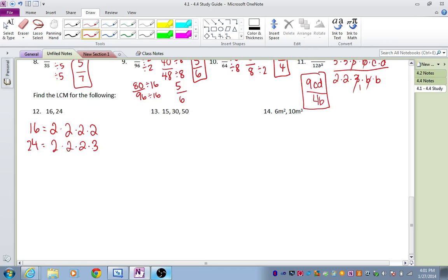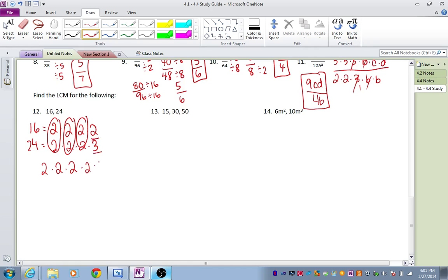Now, just like GCF, we're going to go through and circle our common factors. So we have 2's, 2's, and 2's. And for each circled factor, we're going to write one down. So we got 2 times 2 times 2. One from the first pair, one from the second, one from the third. Now with this, we have extra numbers that we need to multiply.